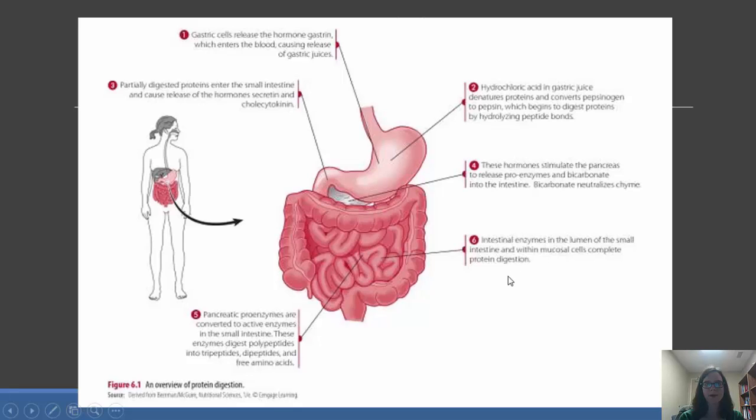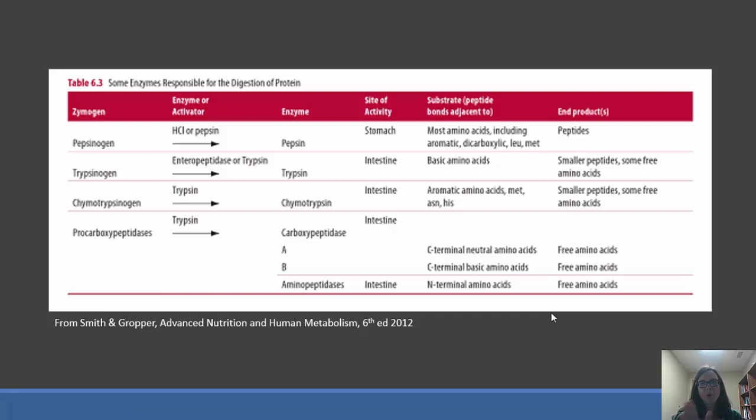And then intestinal enzymes at the brush border complete protein digestion so that they can be absorbed. And then I won't go through this, but here's a nice summary of important players enzymatically in the digestion of proteins.